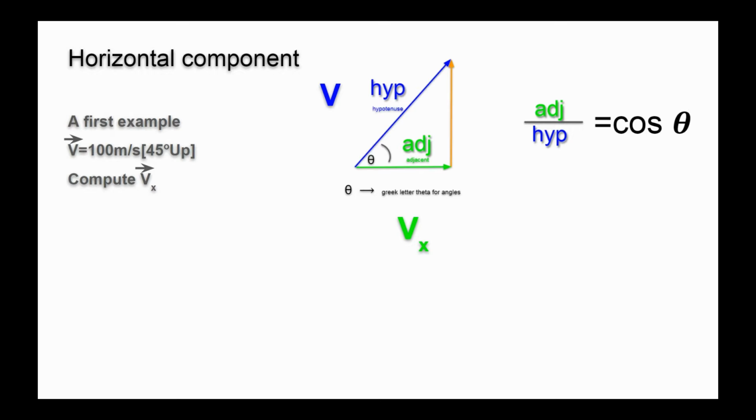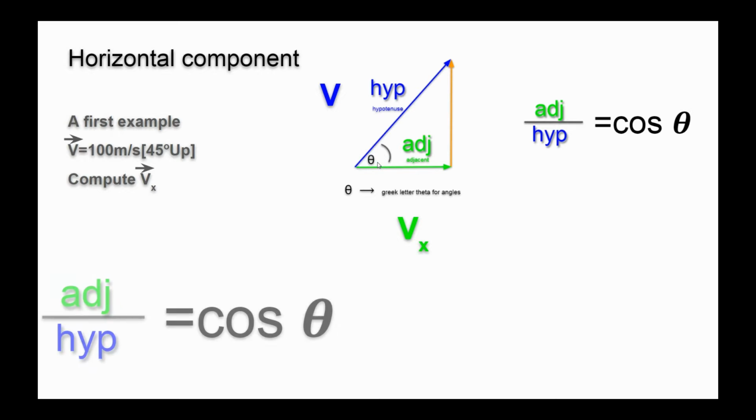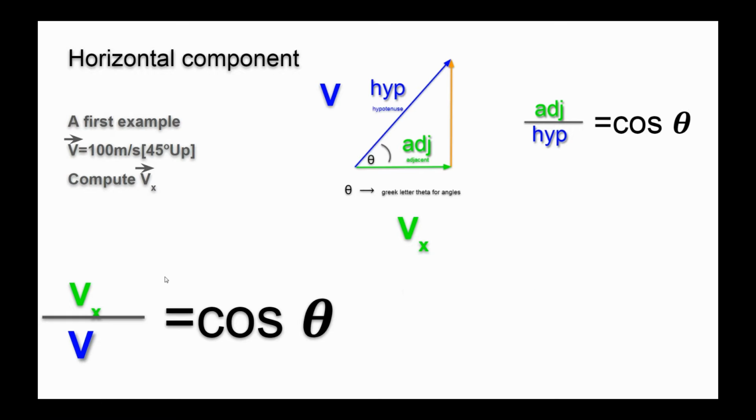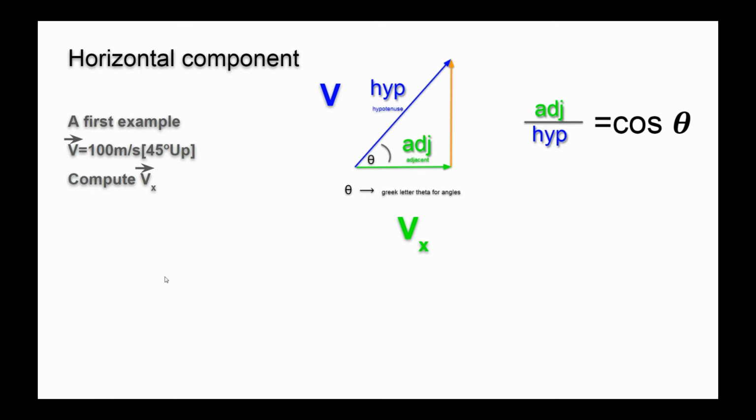First example, we label our triangle. We know the hypotenuse is 100 meters a second long. We know the angle is 45. So adjacent over hypotenuse is the cosine of the angle. Here is our first example. We have an adjacent and a hypotenuse side.